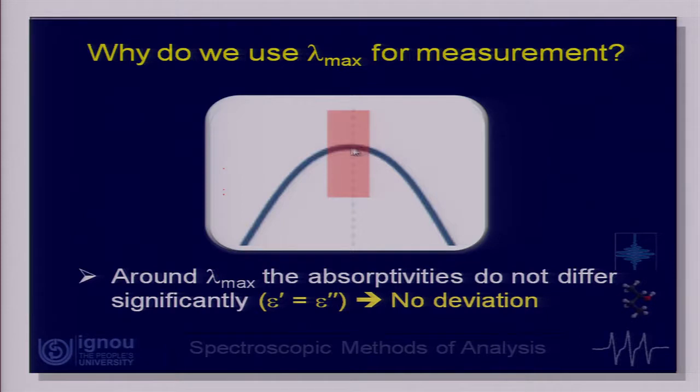We find that the absorptivities at these three wavelengths are not much different. As against that, if I had 109 here and 110 here, the two would differ significantly. So, it is recommended that for all measurements using UV visible spectrometry to quantify an analyte, we must use the lambda max values.